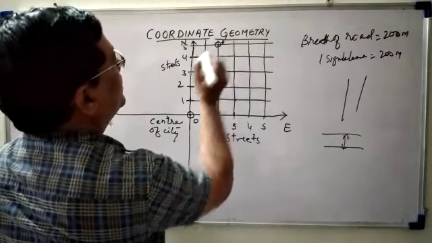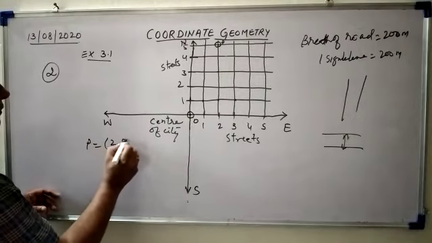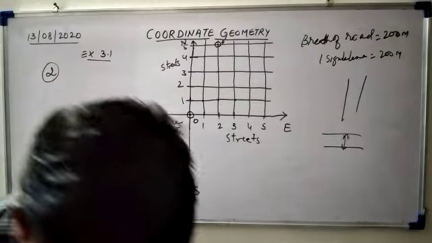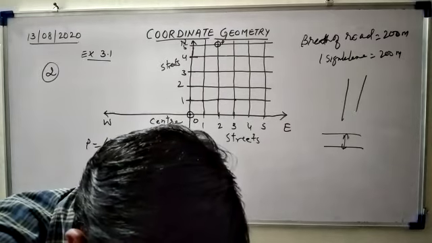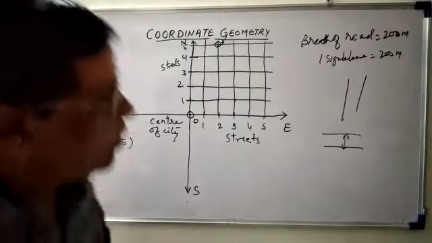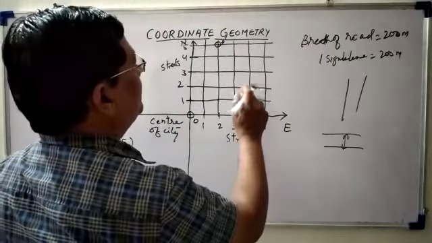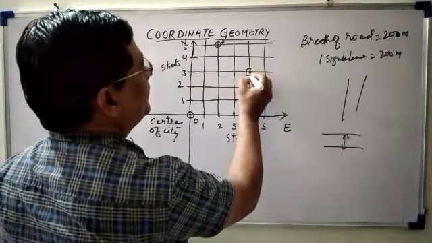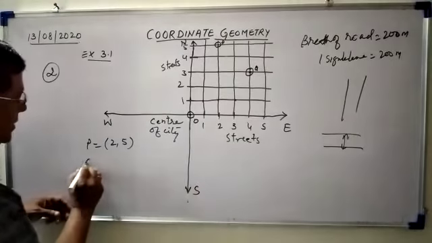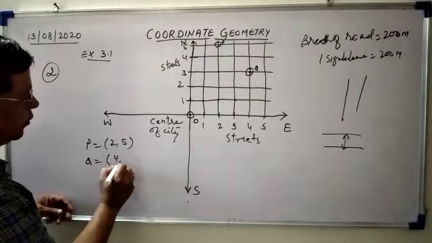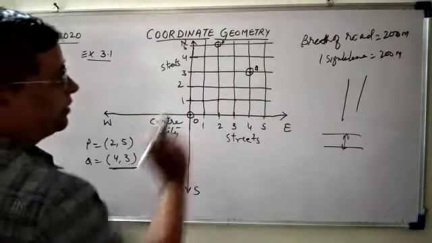So P has the coordinates 2, 5. Likewise, using this convention, how many cross streets can be referred to as 4, 3? 4 is on the x-axis and 3 is on the y-axis. This is our Q. So Q has the coordinates 4, 3.